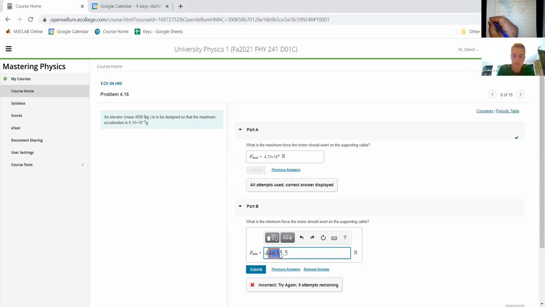I want to make sure you understand that g means 9.8 meters per second squared, so you multiply 6.1 times 10 to the negative 2 times 9.8. And they want to know, what is the max force? And then the second part, the minimum.